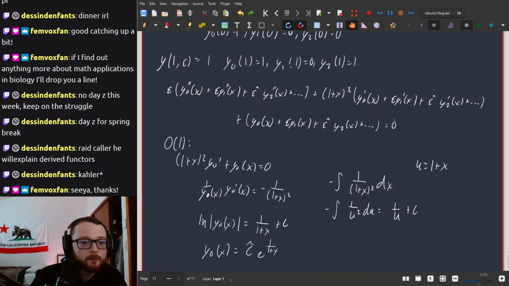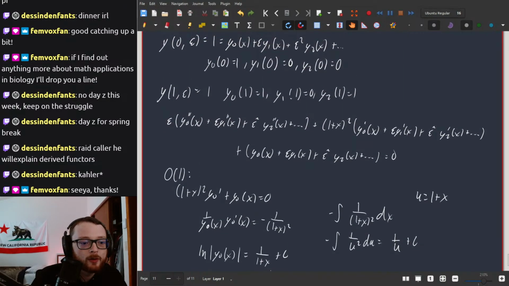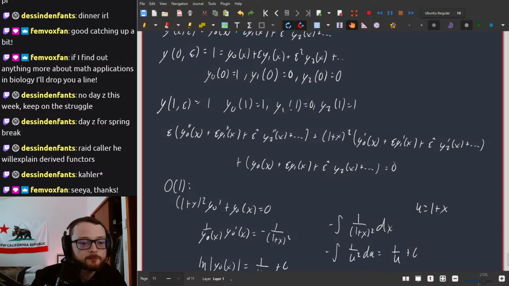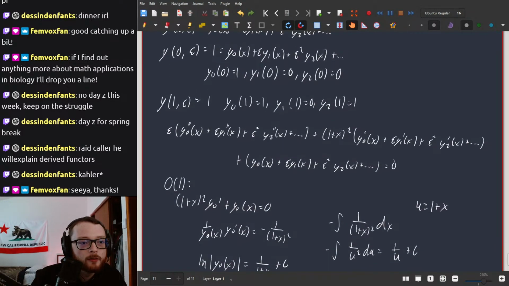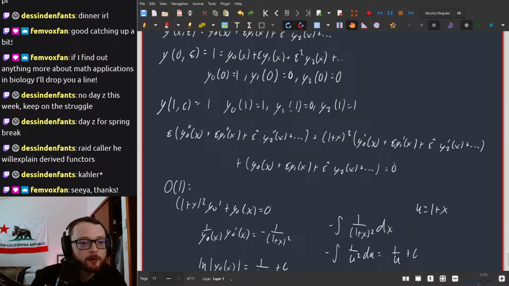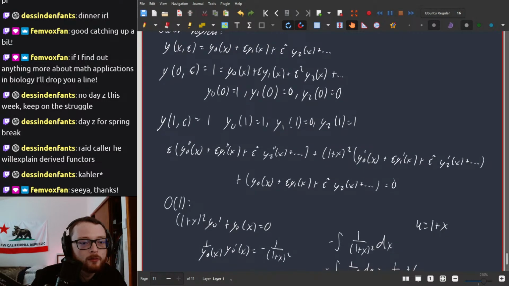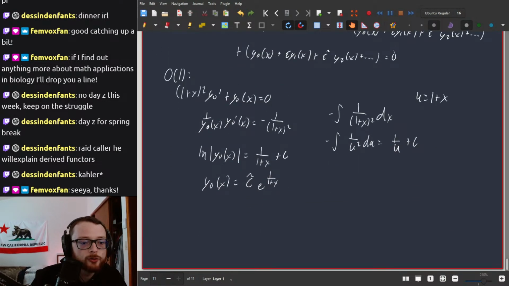Okay, and then we can figure out c tilde. This is where we're going to see if it's actually a singular perturbation. It should be. We're going to consider both of our boundary conditions. We should get a contradiction. Should be able to fulfill both of these at the same time.